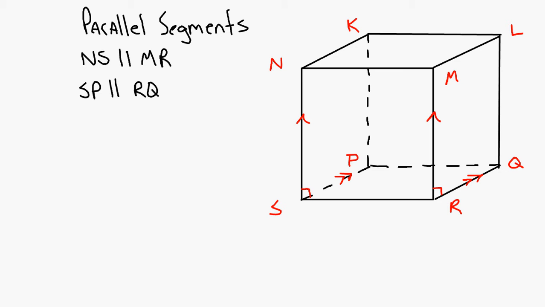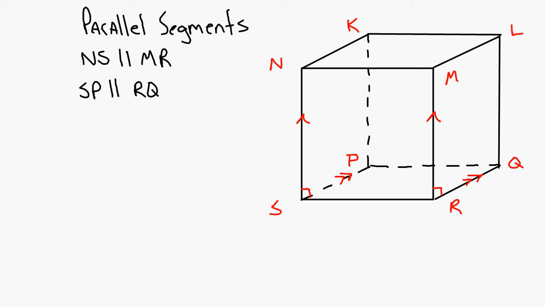What's KP? K to P parallel to? L to Q, right? Is it parallel to N to S? It is, isn't it? And it's also parallel to M to R, isn't it? Okay? Those are all parallel segments.